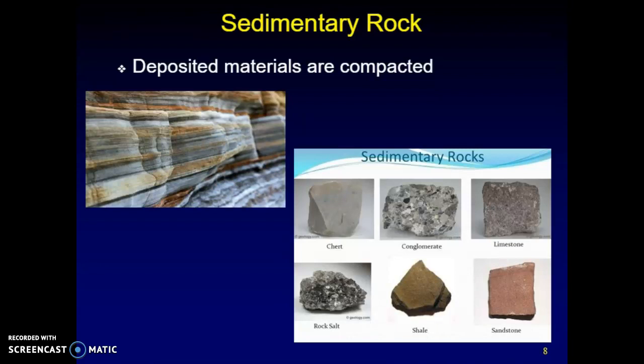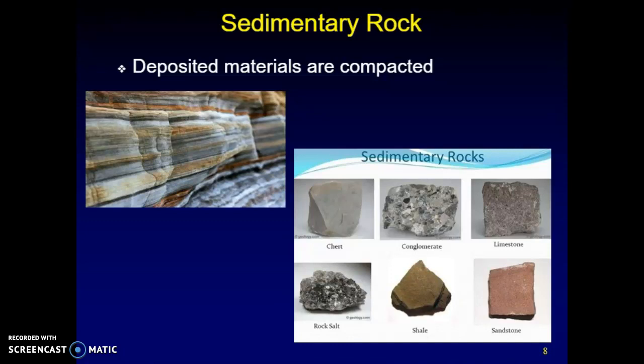So a lot of times when we're looking at fossils, we use sedimentary rock. Each layer represents a window of the Earth's history. Different things happened, different living organisms were present, etc. So the sedimentary rock tells us kind of the history of the Earth.